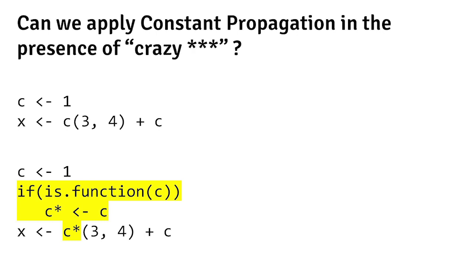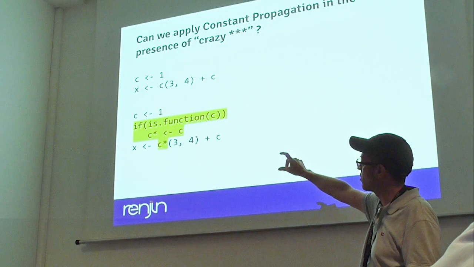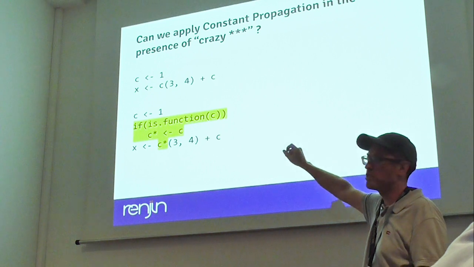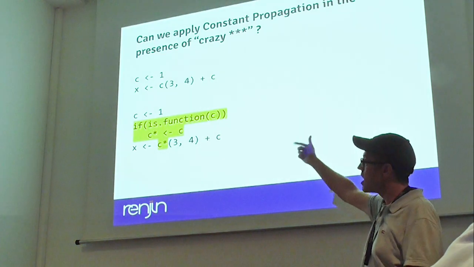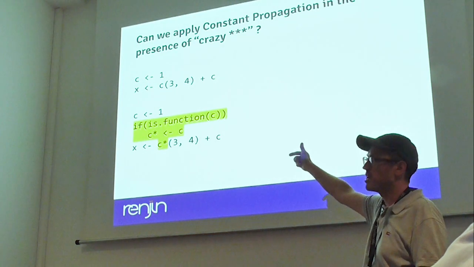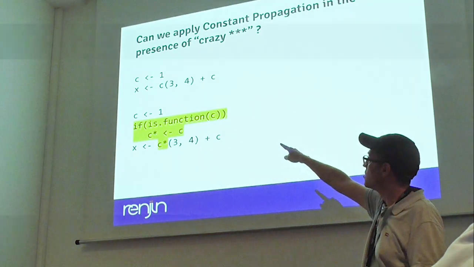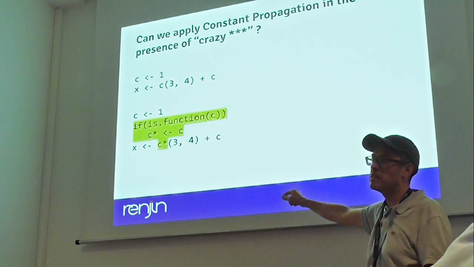In the first context we resolve to a function, and in the second context we resolve to the local variable. So one way to do this is to rewrite this in our intermediate code as an assignment to c1, but then treat the function as a completely separate variable from the one used in the function call. But assigning to c may or may not have the side effect of assigning to c* if c is a function, right?